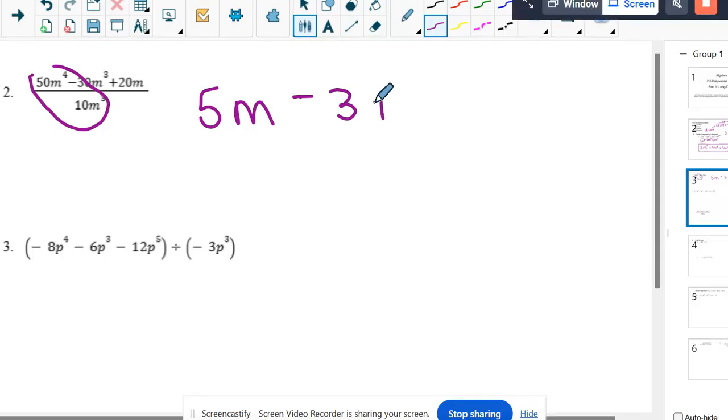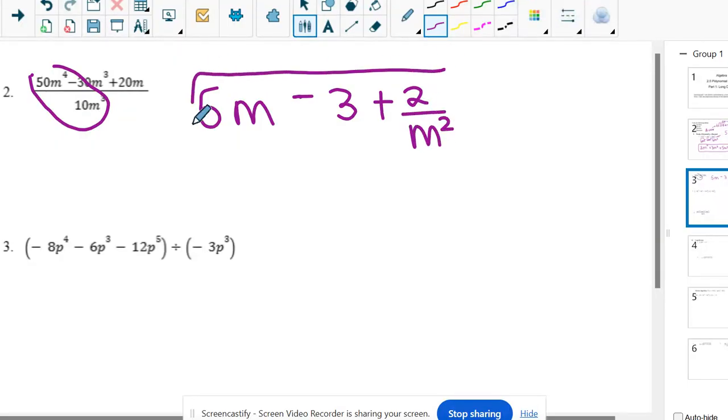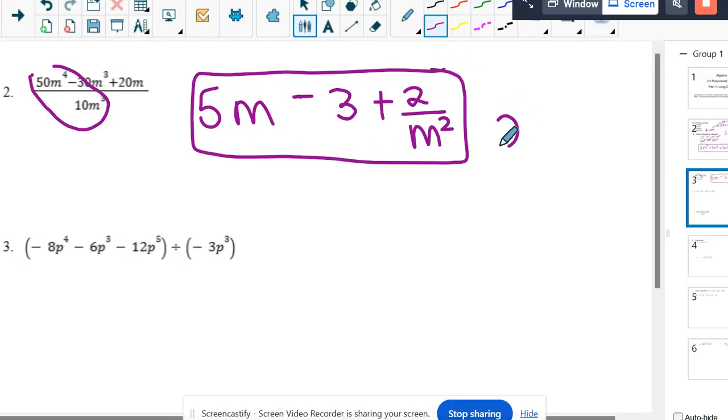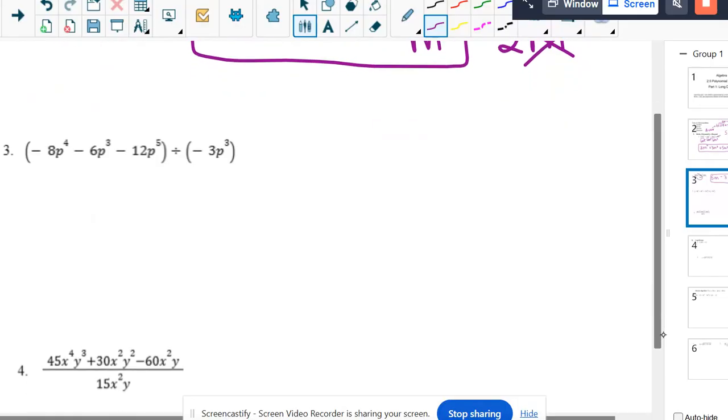And then plus 2, but then you have m up here and 3 m's down here, so that'd be 2 divided by m squared. That's how you would write that. You wouldn't write 2m to the -2nd because we don't put negative exponents in our final answers, just like you practice in your Get More Math.